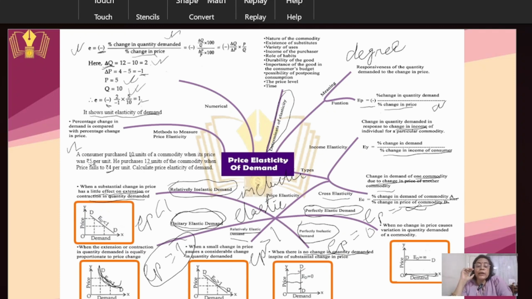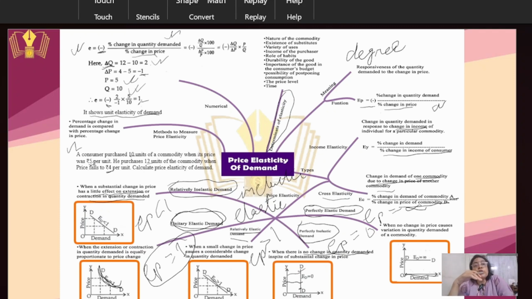Children, you must remember that this time the pattern of the question paper has changed. You might get some short case studies and will have to identify what sort of elasticity or what degree of elasticity it is.